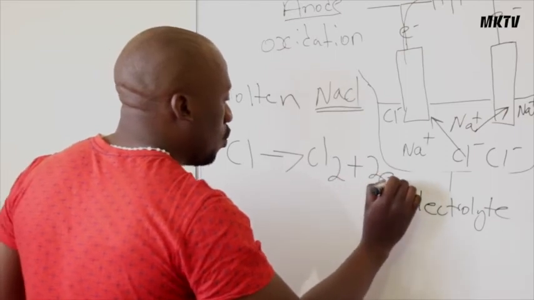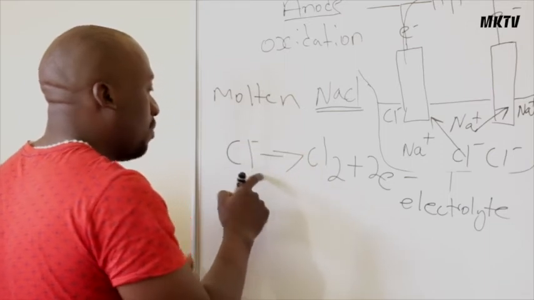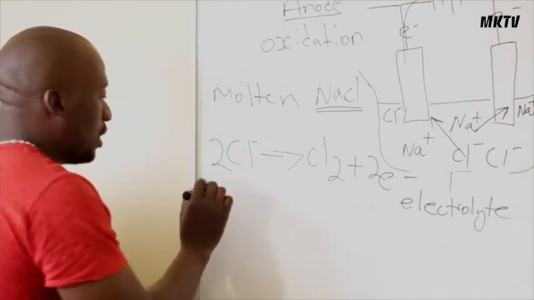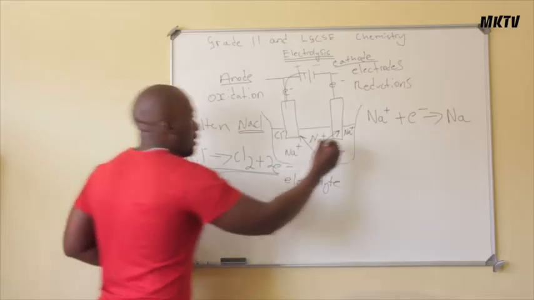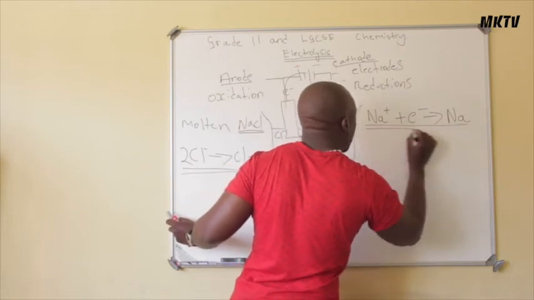We are going to have two chloride ions. So if here there are two, it means here they also have to be two of them. So this is the anode reaction, and here is going to be the cathode reaction.